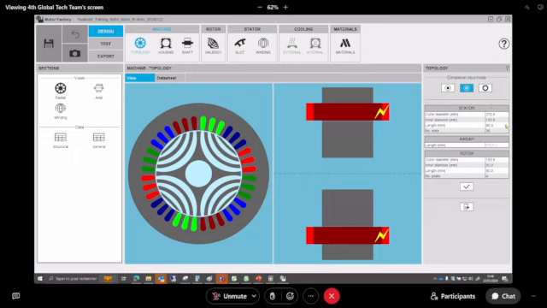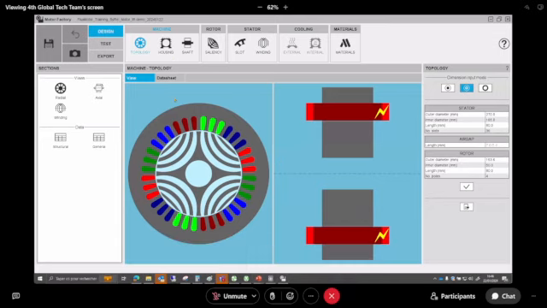You will see that Flux Motor will always ask you for starting general dimensions, mainly the number of poles, the number of slots, and the diameters and the air gap to start. These are the main points to compute before going there.